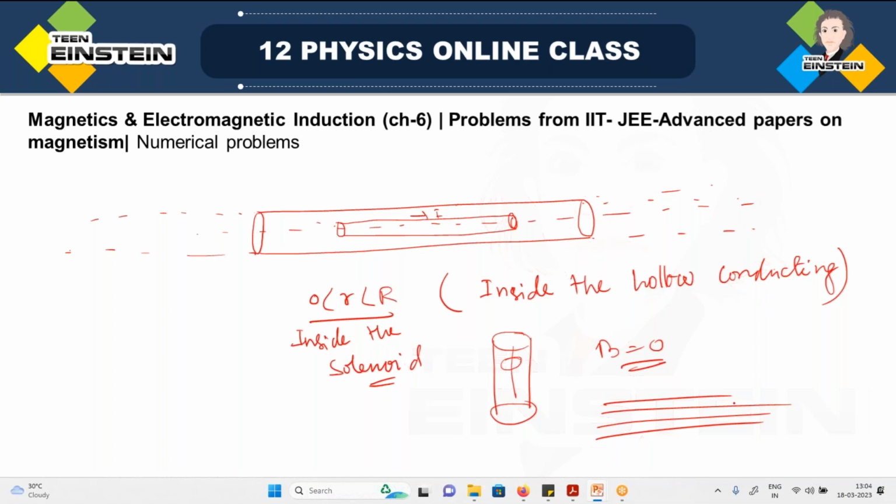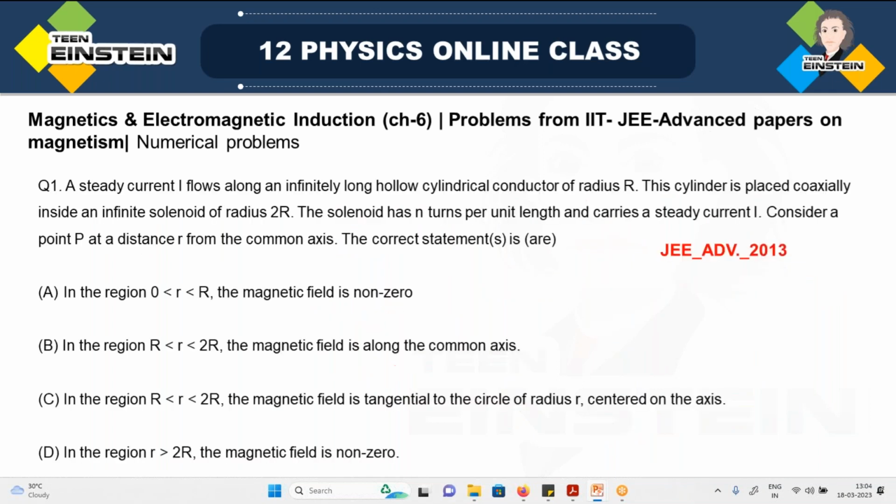Outside the solenoid, there will be no magnetic field. Therefore, in this region the magnetic field will be non-zero, which is correct. See, this option is correct. The magnetic field will be non-zero, and that is due to the solenoid.